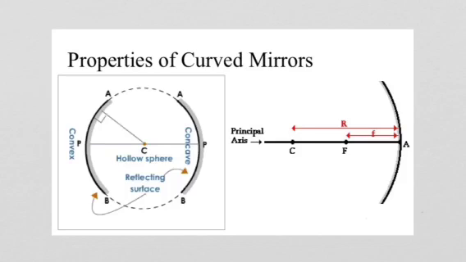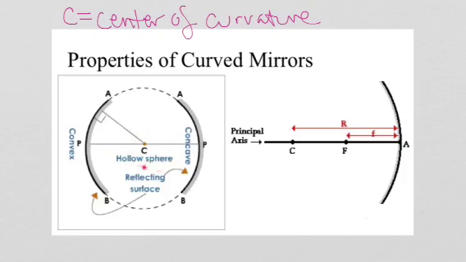Now C is going to be the center of curvature, which, if you could imagine, was also the center of the hollow sphere from which this mirror was cut. It is always along the principal axis.